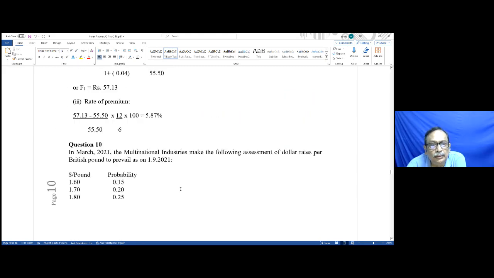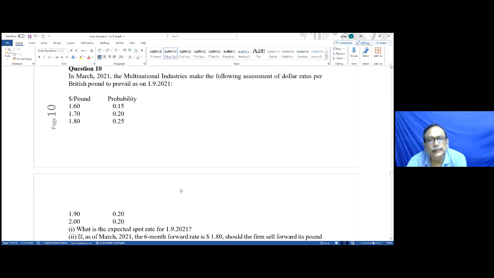Now we are coming to a new question where certain expected values and probabilities are involved. In March 2021, the multinational industries make the following assessment of dollar rates per British pound to prevail as on 1/9/2021.